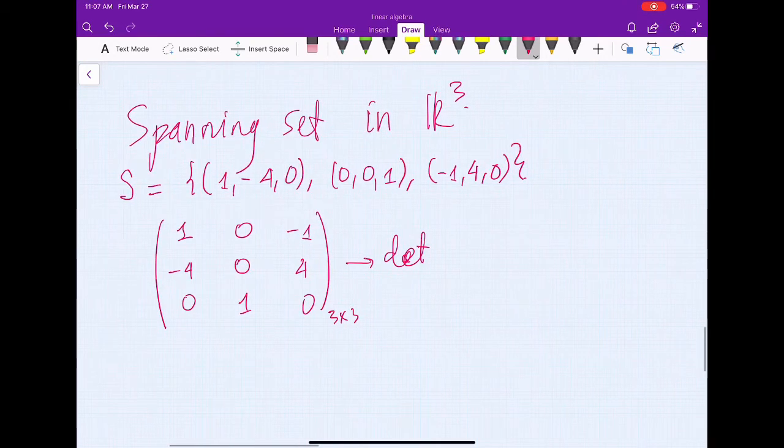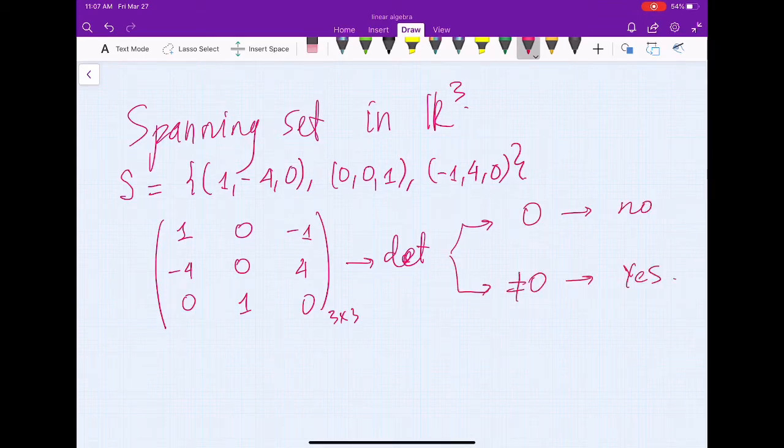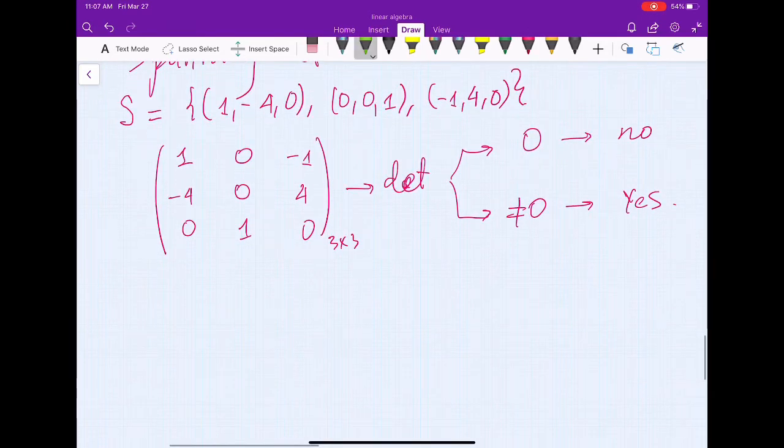Okay, so you find the determinant of this matrix. If the determinant is 0, no. If that is not 0, yes. Okay, so what is the determinant of this matrix? I will expand the determinant along the second column because I have 2 zeros out there.